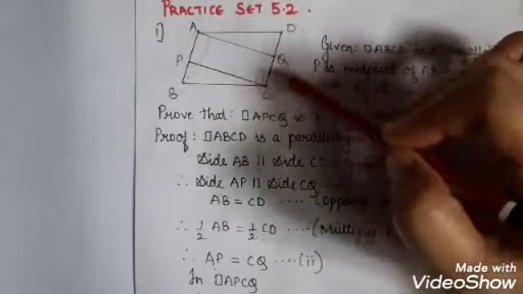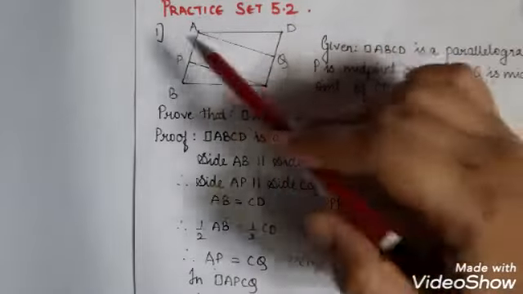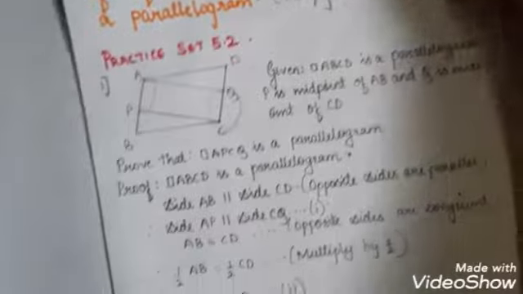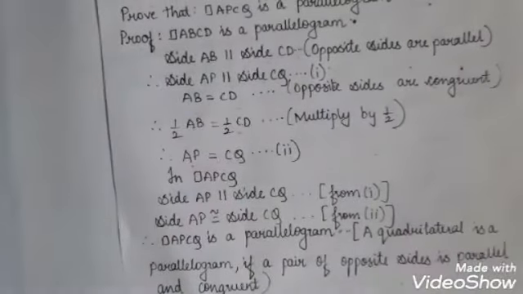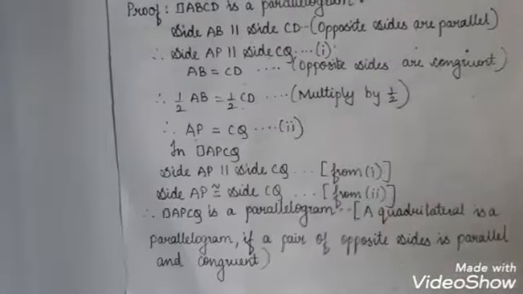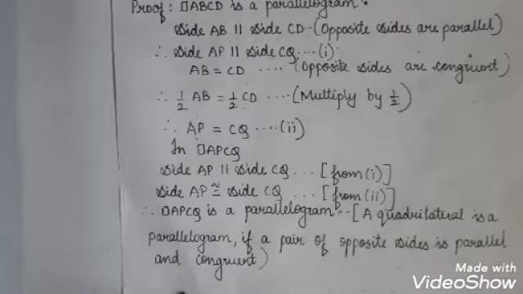So in the given figure APCQ, AP is parallel to CQ and AP is congruent to CQ. So that means APCQ is a parallelogram. A quadrilateral is a parallelogram if a pair of opposite sides is parallel and congruent. I have written the reason why, because it is parallel and congruent. Okay, next, second one.